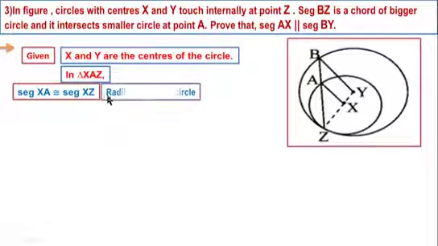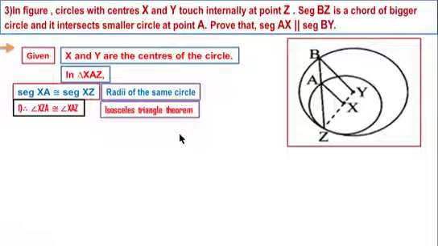Why? Radii of the same circle. Statement number 1. Therefore angle XZA is congruent to angle XAZ, isosceles triangle theorem.